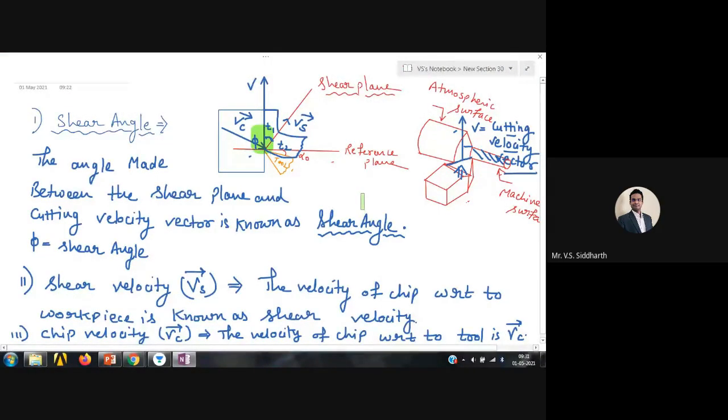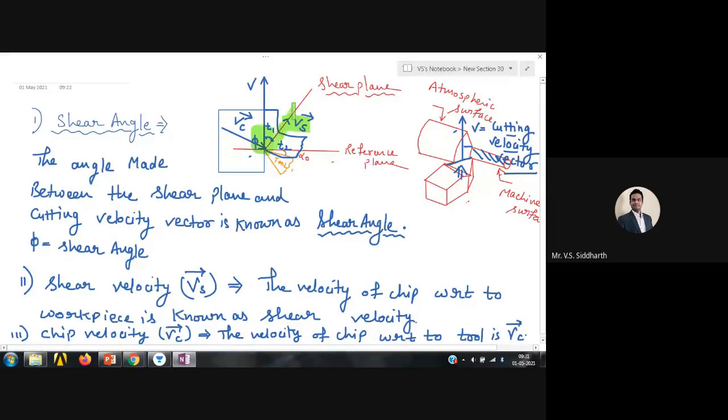Now the next one is shear velocity. First we discussed the shear angle, and then the shear velocity. The shear velocity is the relative velocity between the chip and the workpiece. That is the shear velocity.